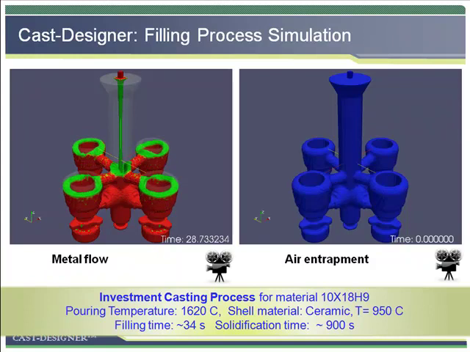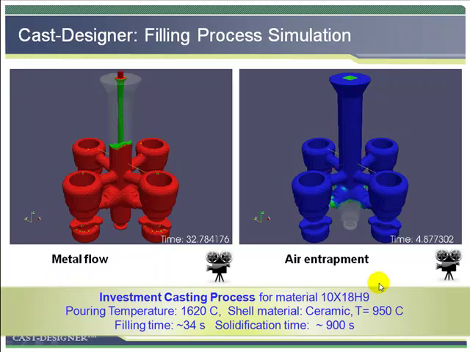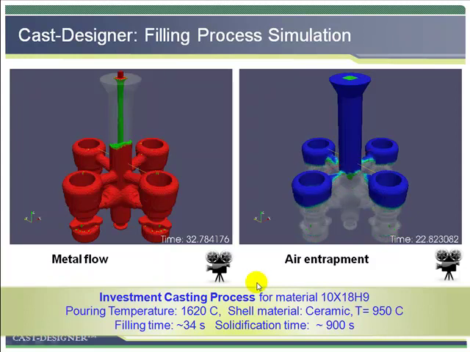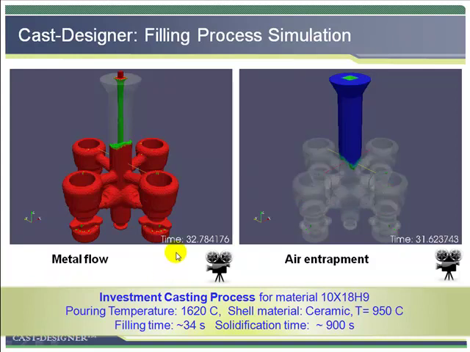This is an example of Cast-Designer CPI for filling simulation. The red color shows the hot liquid metal, and the blue color is the air, which is still not filled. All the metal flow, air entrapment, velocity vector and pressure can be provided by Cast-Designer after the simulation.